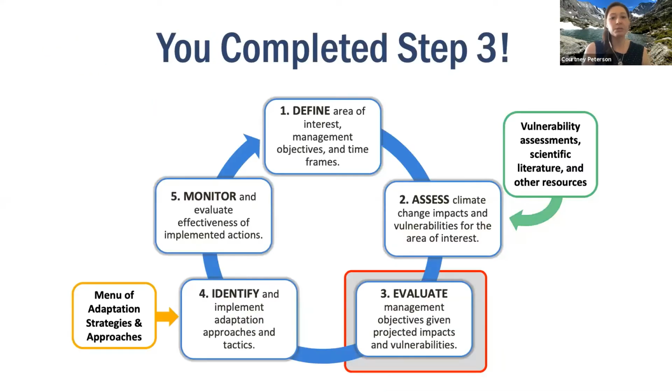And so just a quick recap from last week, we covered step 3, which is where we're really evaluating those management objectives and considering climate change. And this is the step where you're bringing together your management goals and objectives that you identified in step 1 and the climate impacts that you identified in step 2 to really start thinking about how climate change is going to affect your goals and objectives.